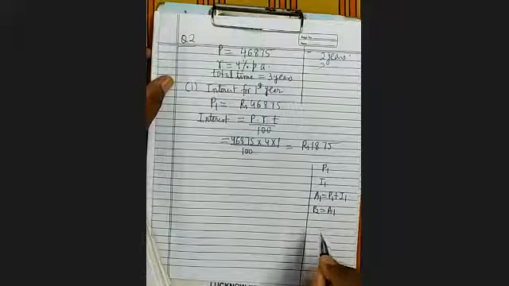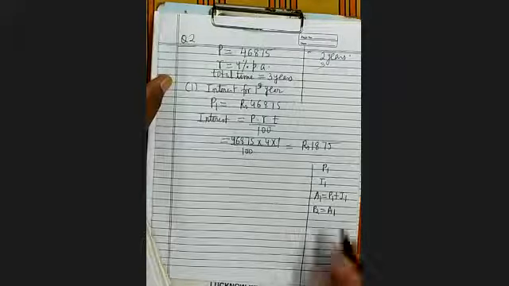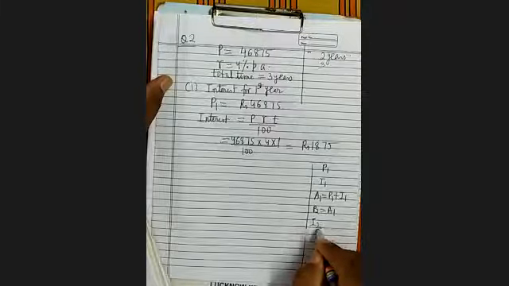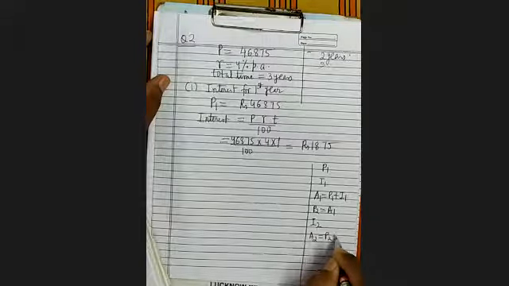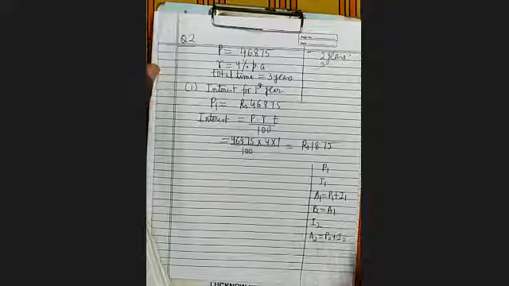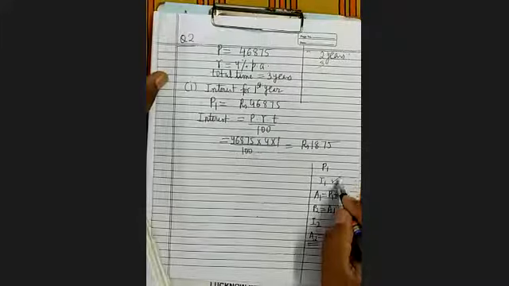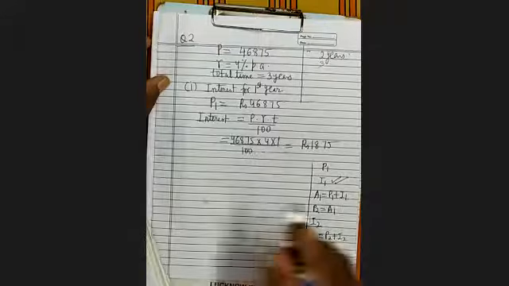A1 will become P2. Then once again you will calculate I2. When you add both, P2 plus I2 will be the amount at the end of second year. We are currently at I1. Did you understand? This point is clear.